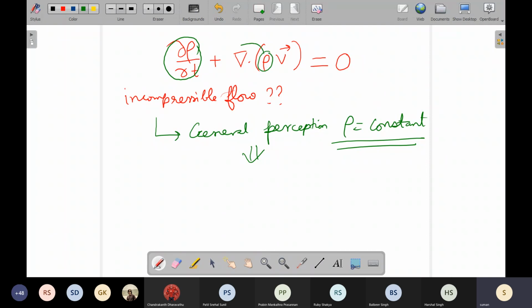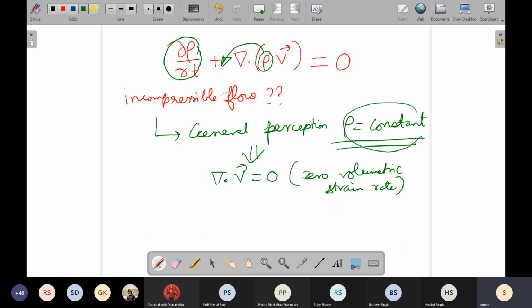Further, if it is a constant, it comes out of all the derivatives, and therefore this boils down to divergence of velocity equal to 0, which we earlier saw from pure kinematic considerations is nothing but zero volumetric strain, or strain rate, whatever you call it.